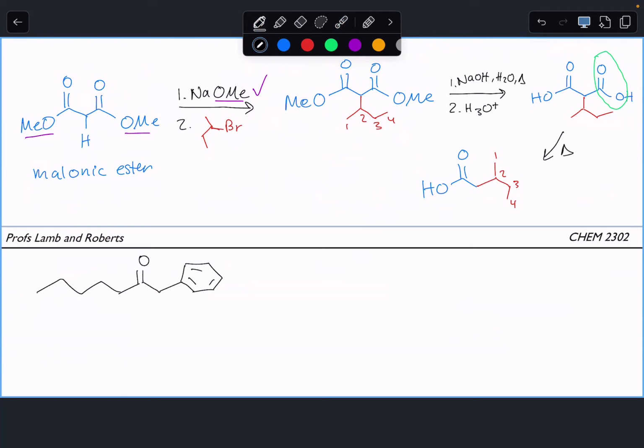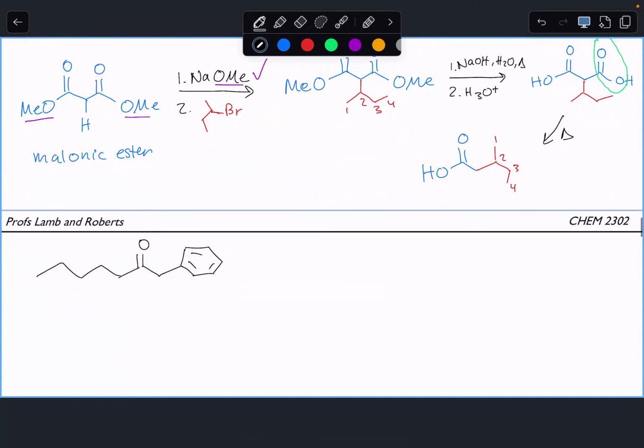So you're asked to make this from an alkylation reaction. So we can think about, there are two possibilities because this ketone has two alpha positions. So we could have alkylated on this side, or we could have alkylated on this side.